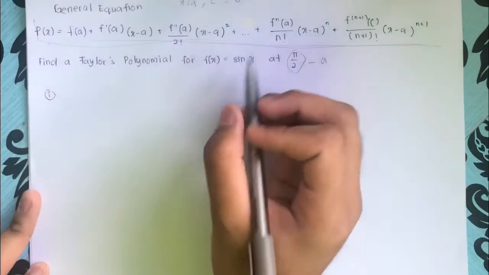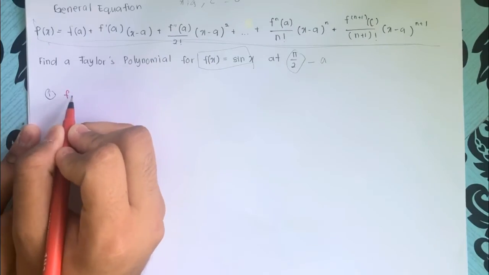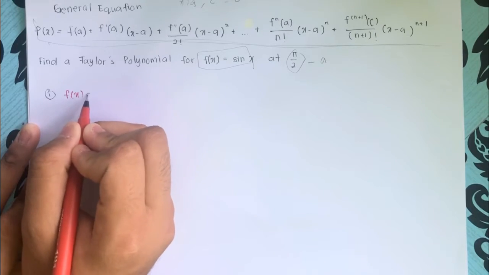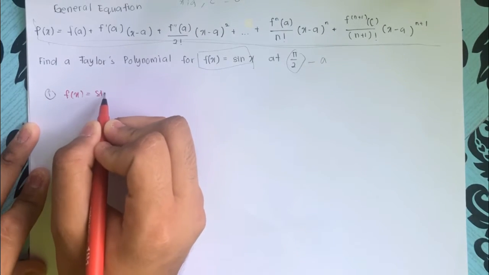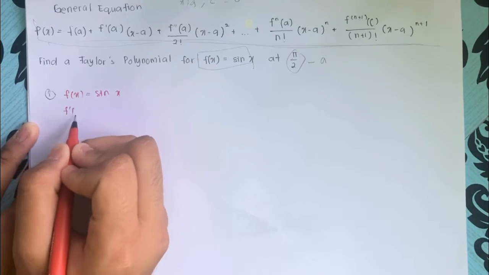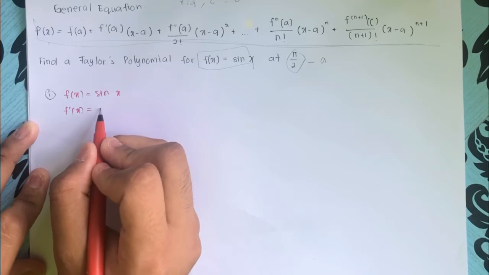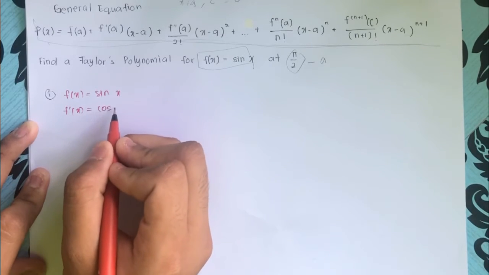For this equation, f(x) is equal to sine x. The first derivative, differentiating sine x, we will get cos x.